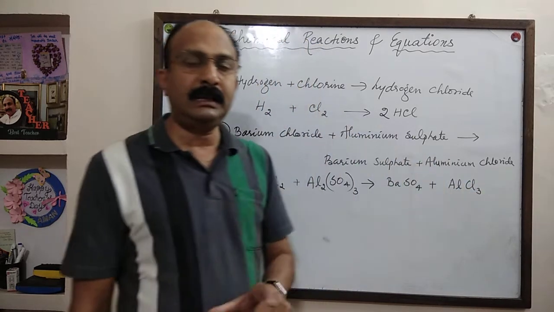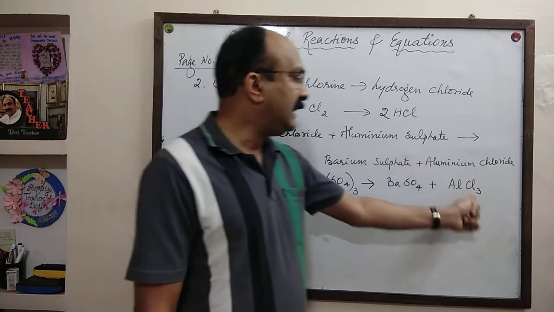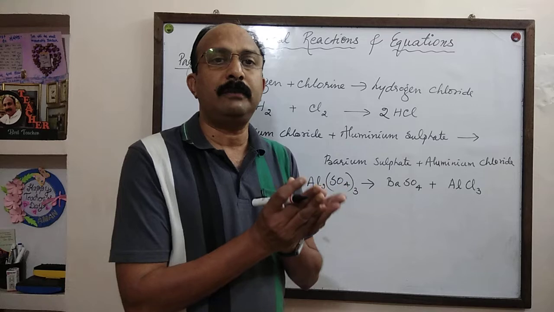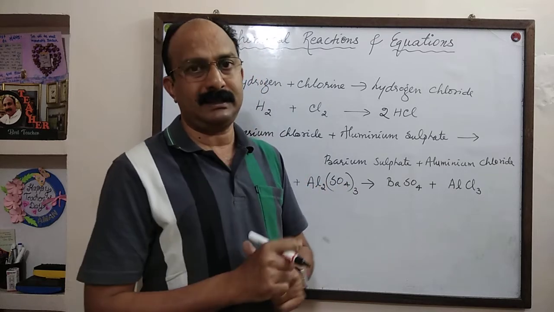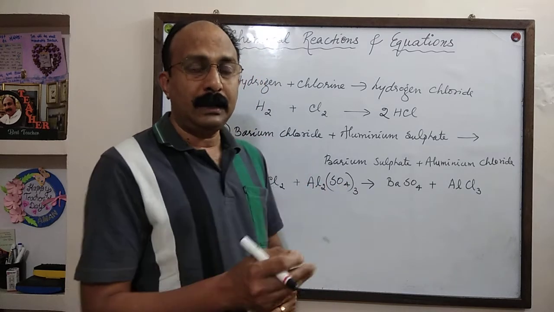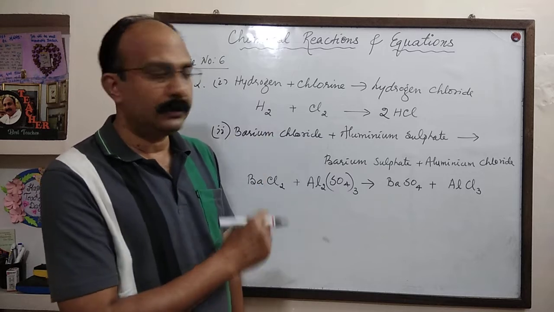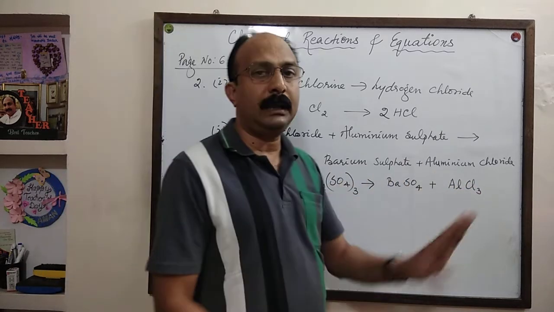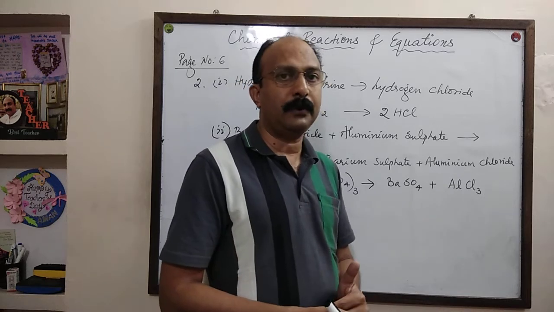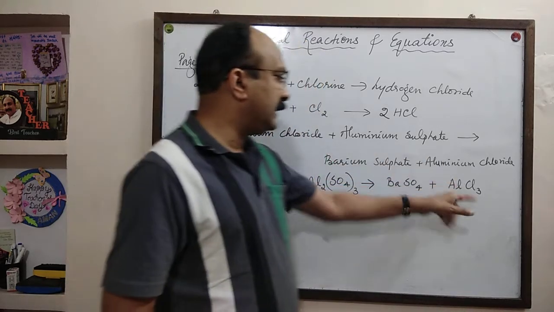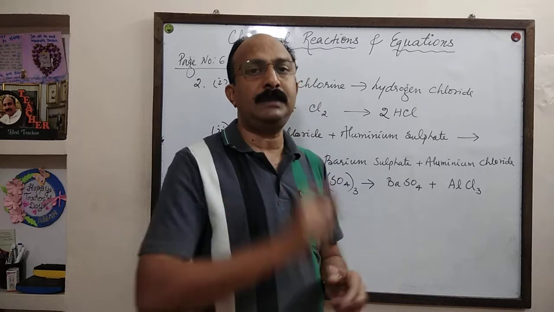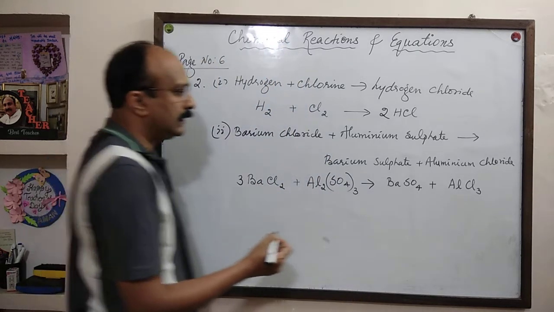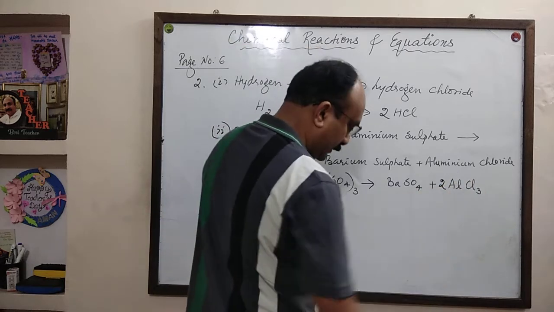So in such cases, we have to see the LCM. 2 and 3 can be made equal if both of them are made 6. How can we make them equal to 6? Here we can put 3 and here we can put 2.